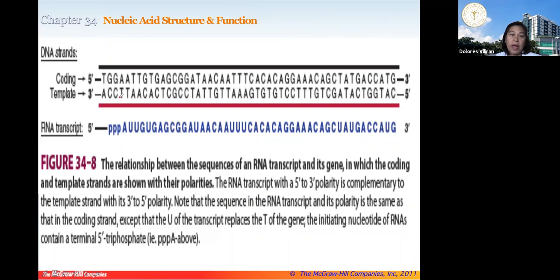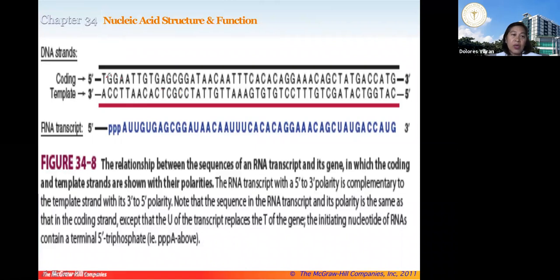So when you transcribe this, starting here, T, A, instead of T, it should be U because it's already RNA. AU, CG, AU, CG, TA. So this is what is being added during transcription. So this is the template strand.